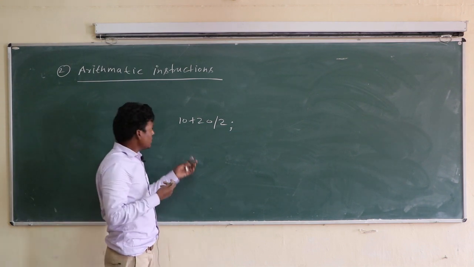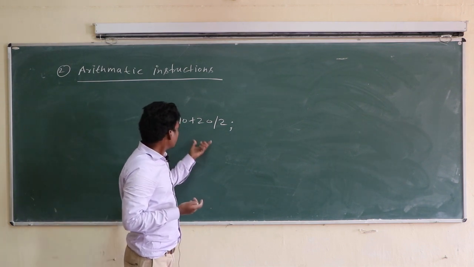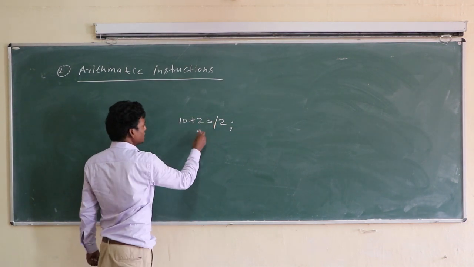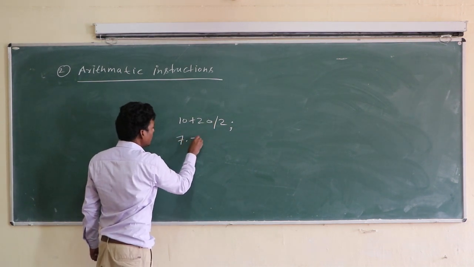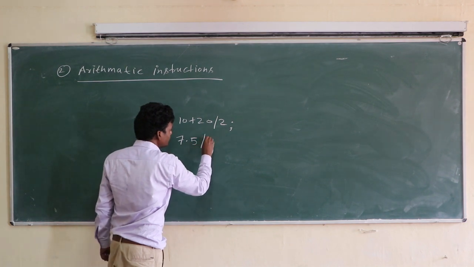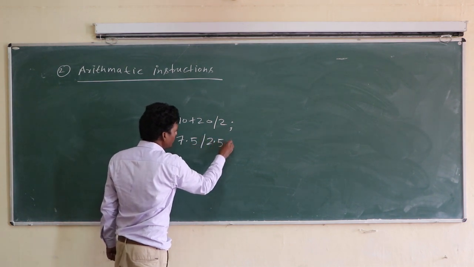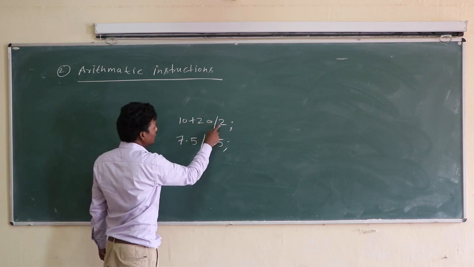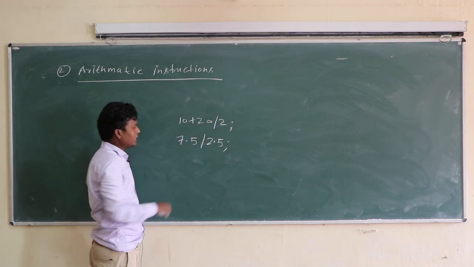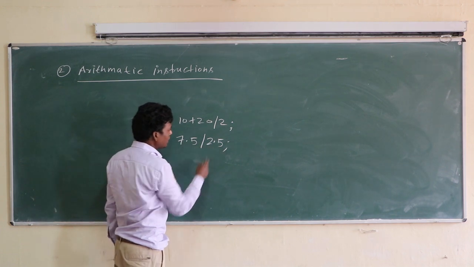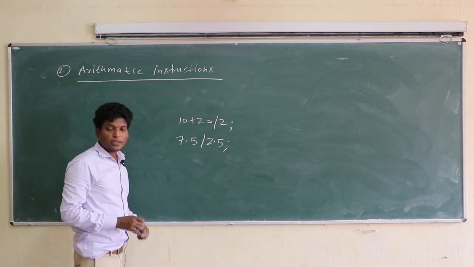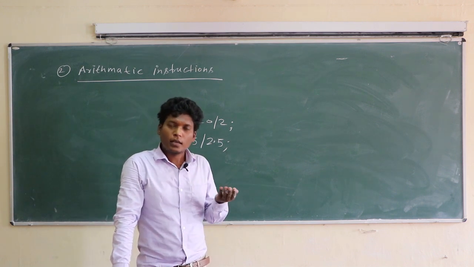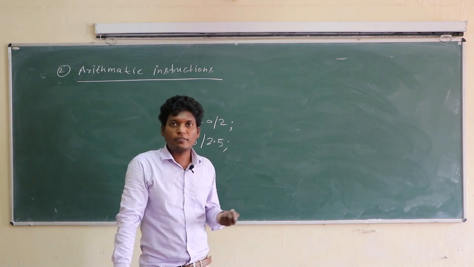You always see this type of arithmetic instruction, and you also see this type where all constants are integer, and in this all constants are real. But C arithmetic instructions can also be performed on char constants, character values.